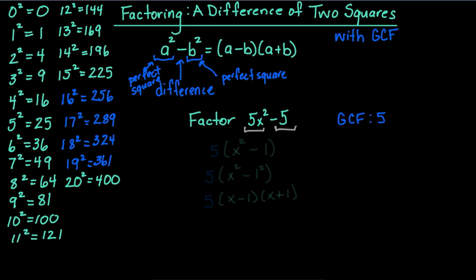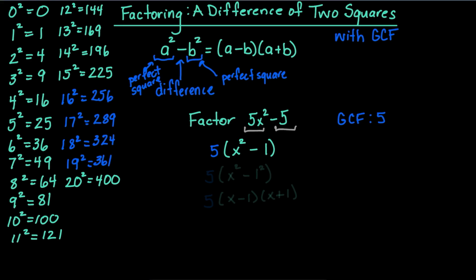So I'm going to go ahead and factor out a 5. 5 divided by 5 is 1, and 1 times x squared is x squared, minus 5 divided by 5 is 1. So now that I've factored out my GCF, I'm left with a difference of two squares.